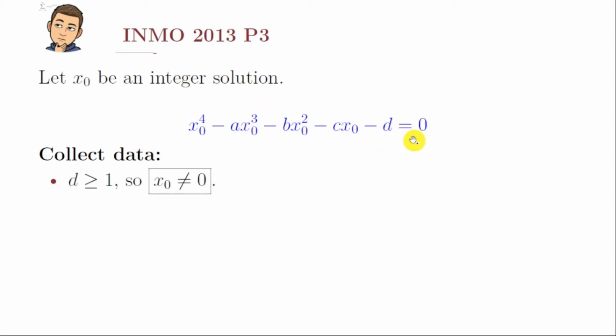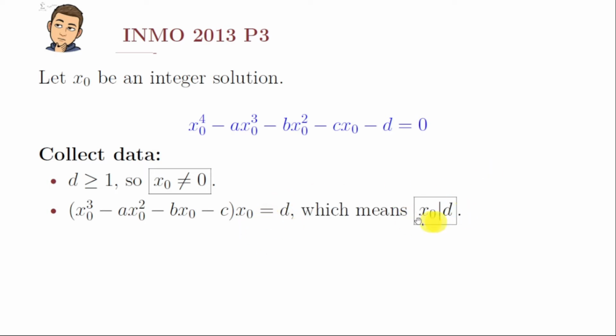That is a contradiction, because d must be a positive integer. So this is the first fact. Then we can put d on the right hand side and factor out x0 on the left hand side. So we can see that x0 divides the constant d, because d is a multiple of x0. So x0 divides d, that is the second fact.